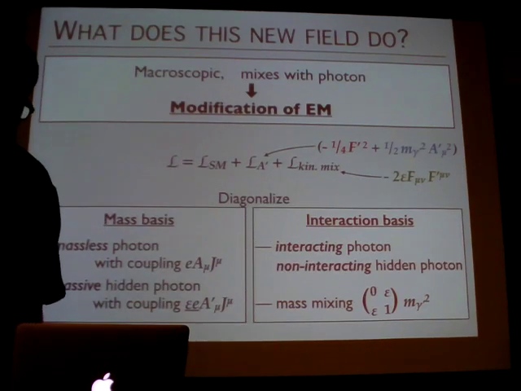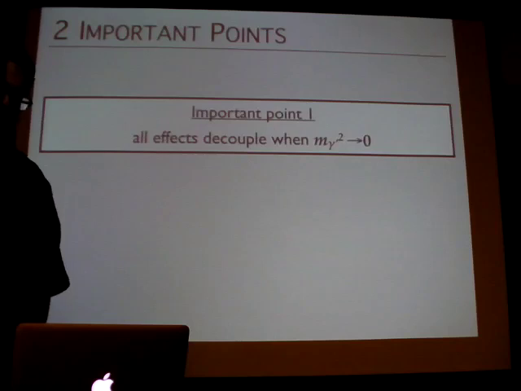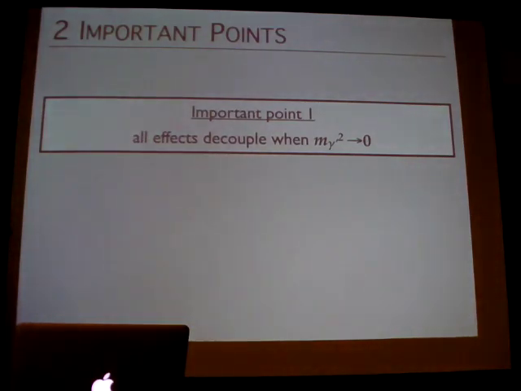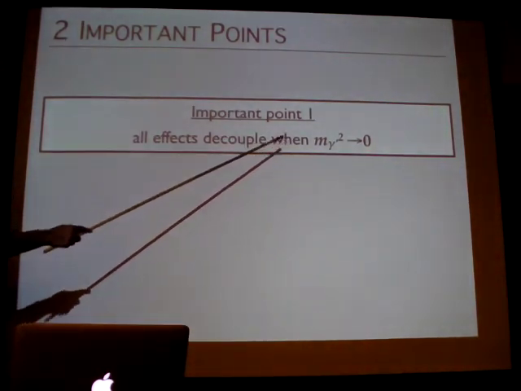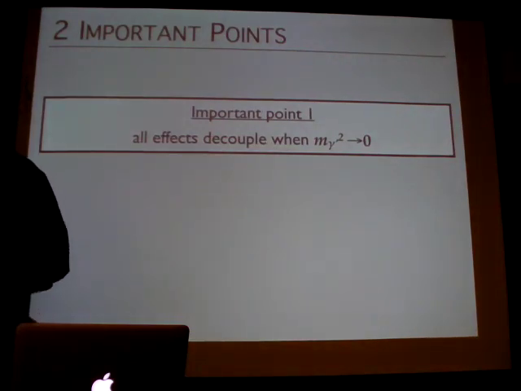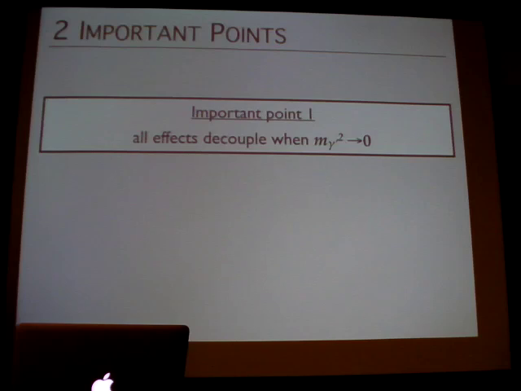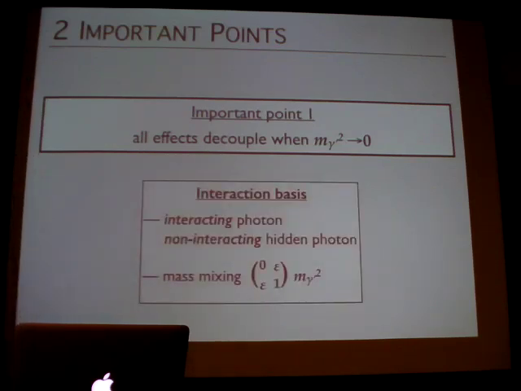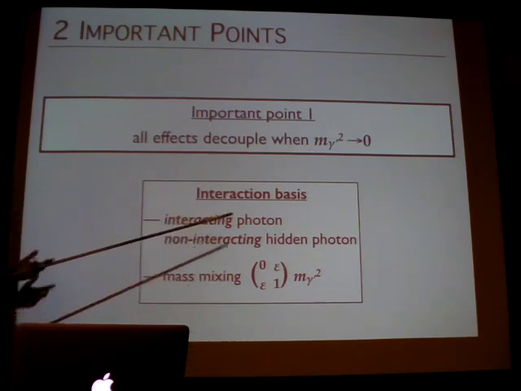All right. So the central point of this whole story is that, as we will show in just one second, all of the effects of this new hidden photon have to vanish. All physical effects have to vanish when the mass of the hidden photon goes to 0. And by all physical effects, I mean all physical effects it can have on the standard model. That's actually pretty easy to see in the interaction basis, because there you've got two degrees of freedom.